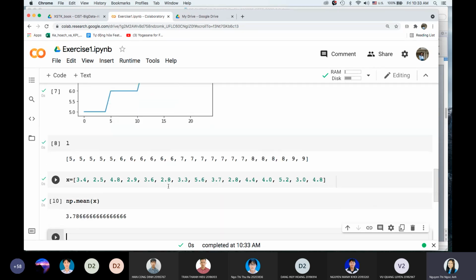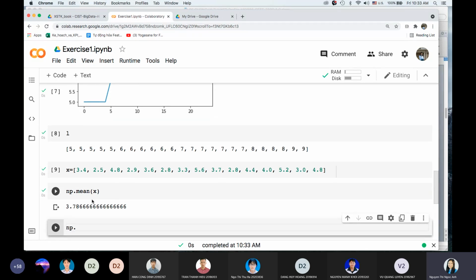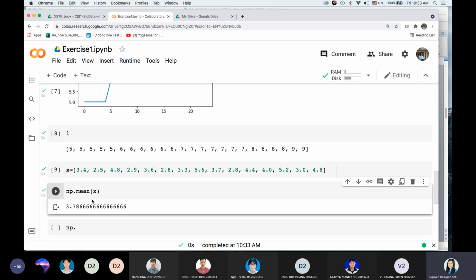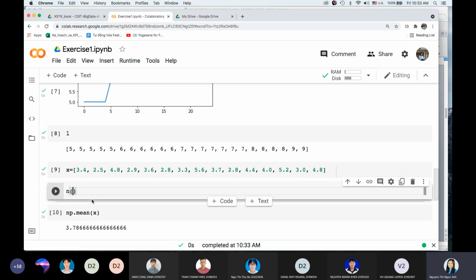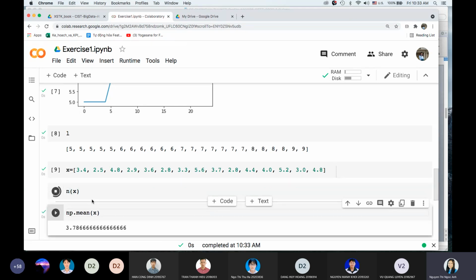So you will find the sample mean and the median of x.